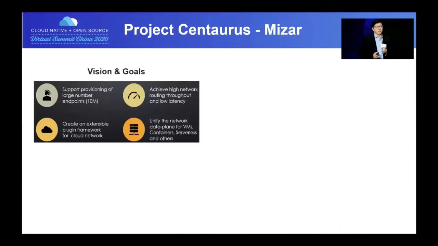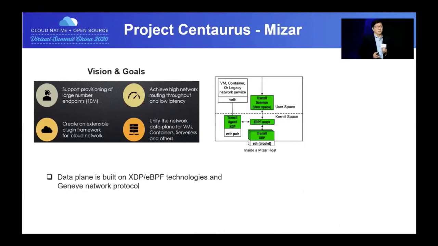Similarly, the Centaurus Mizar component is a network component that provisions and manages the virtual network and processes network traffic. Mizar itself has two components, the data plane and the management plane. The data plane is built on top of high-performance XDP/eBPF programs. XDP programs run within the OS kernel to perform routing, switching, and load balancing of network traffic.